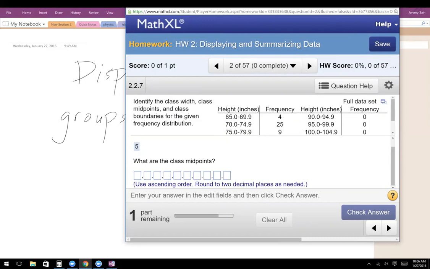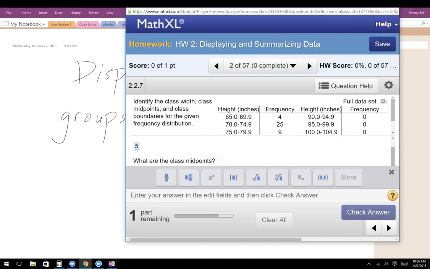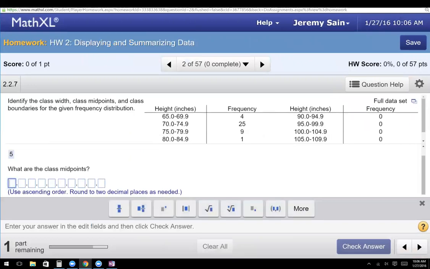So if I average the 65 and the 69.9, that's 67.45. What about the next one, from 70 to 74.9? What's in the middle? 72.45. And then 77.45. You can probably guess the rest without actually finding them.